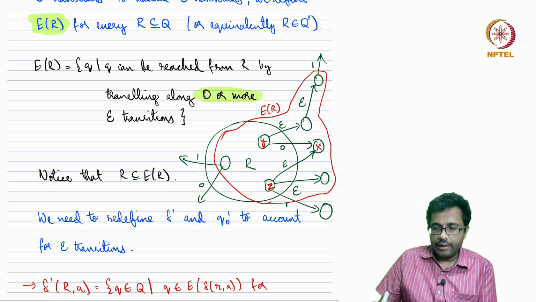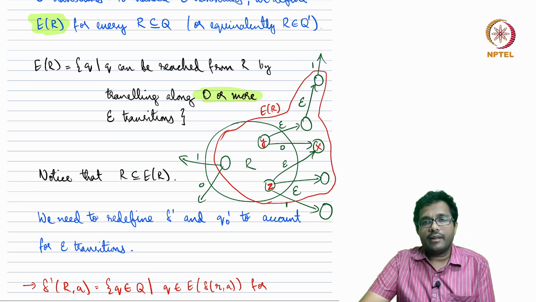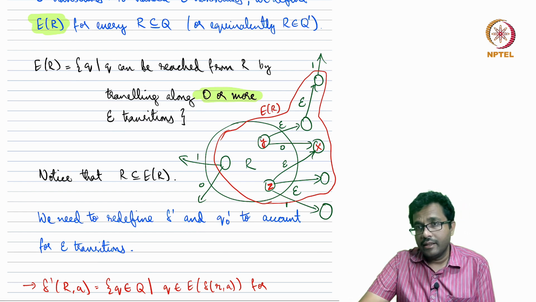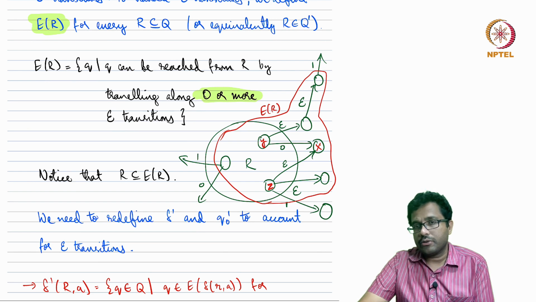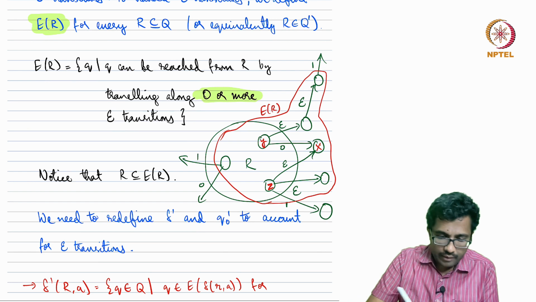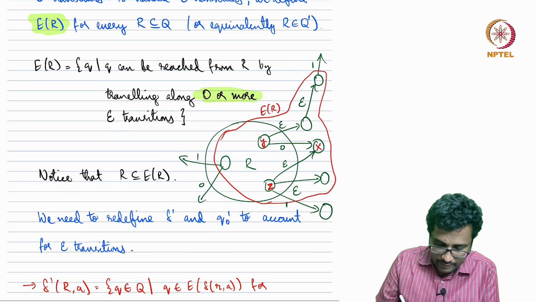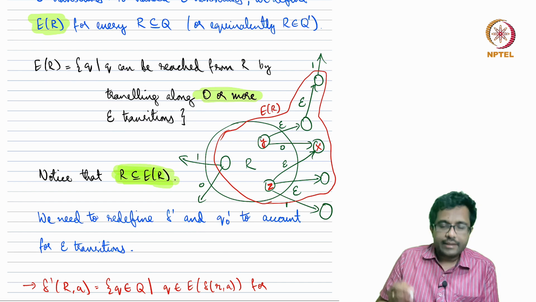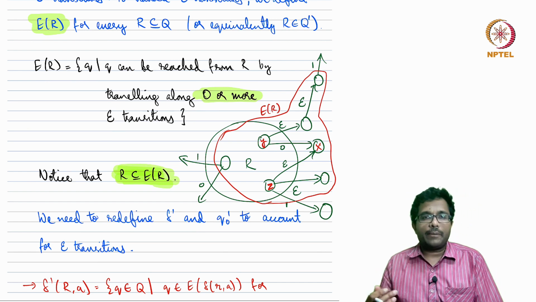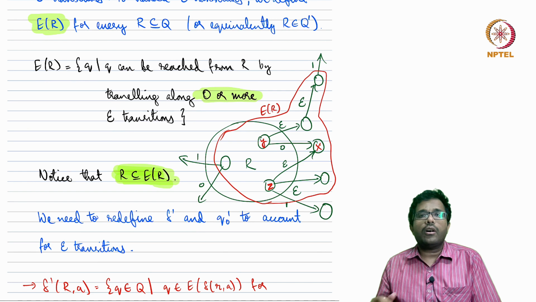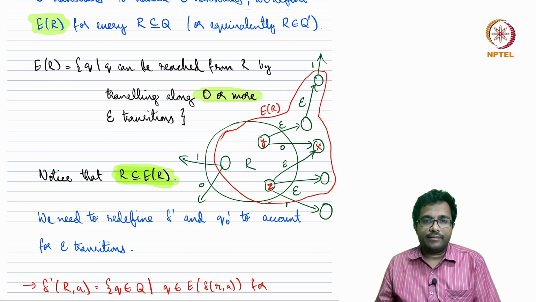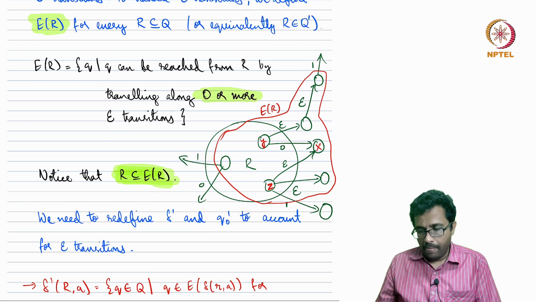Okay. So anything that you can reach from R using epsilon transitions. When I say epsilon transitions, it could be no epsilon transitions also. Because of which the set ER contains R by default, because I have defined it as the set of all states that can be reached from capital R using 0 or more epsilon transitions, right.